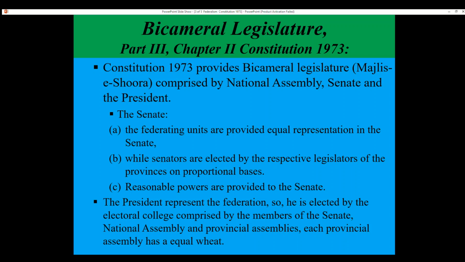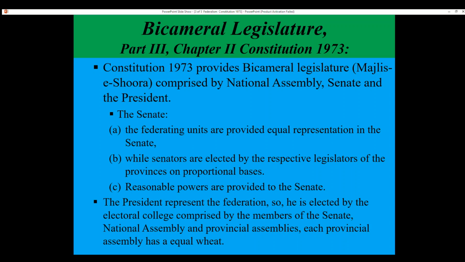One house always represents the provinces, and provinces are given proper weightage and representation in the upper house. Through their representation, they are empowered to influence the decision-making process.